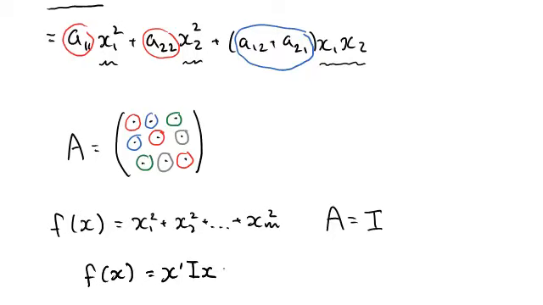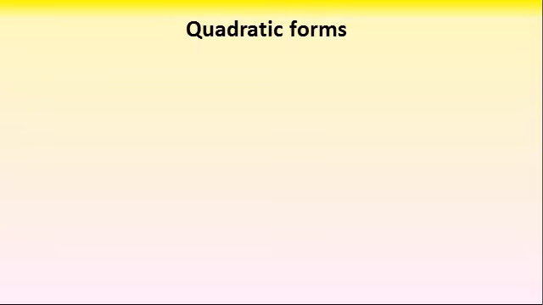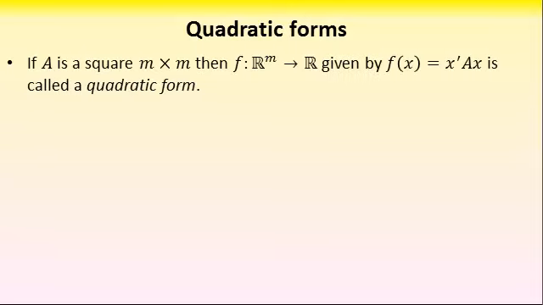But we know that I times x is the same as x, so this is actually x transpose x. And this should not be surprising. X transpose x, well, that's the dot product of x with itself, and doing this dot product gives me precisely f of x.